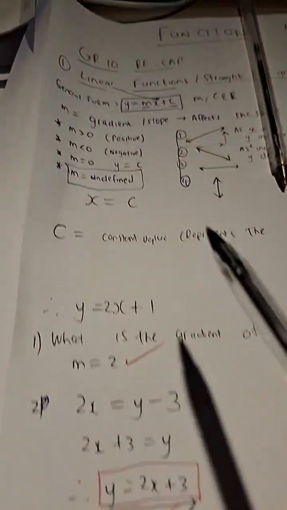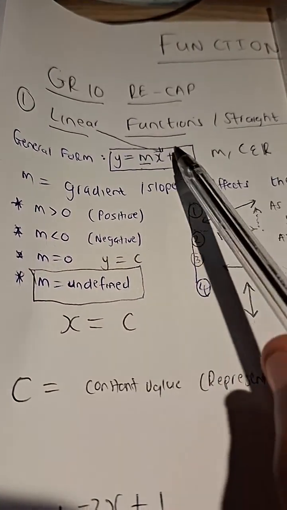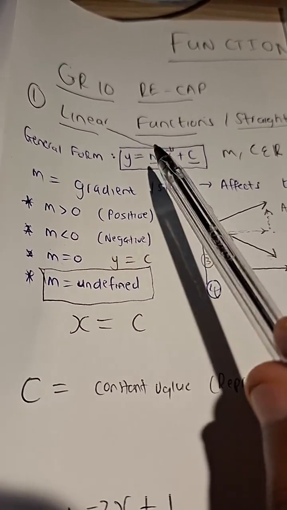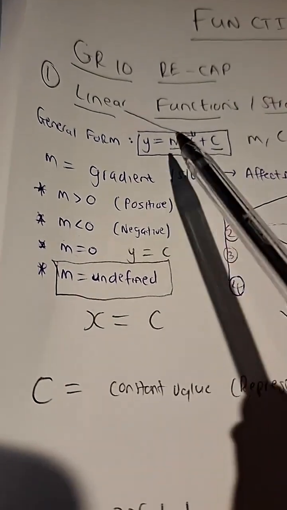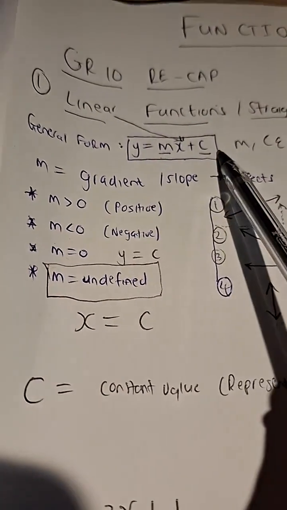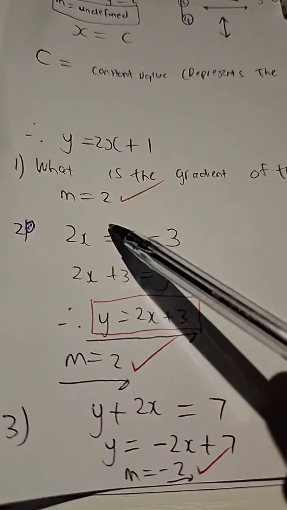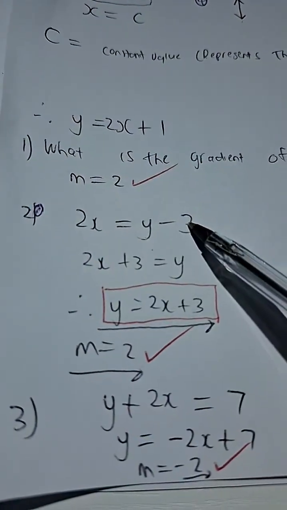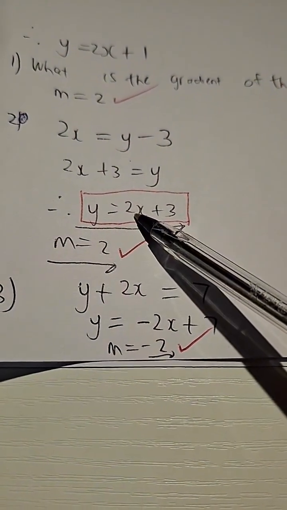So if it does, we know that m stands for gradient. We can only read the gradient when the straight line is in this form. If it's not in this form, we first need to convert the function into this form. This is not in the standard form, so we first get it into standard form, then we can identify the gradient.